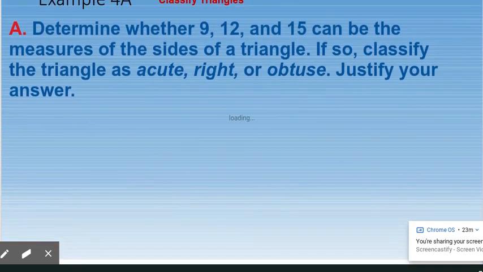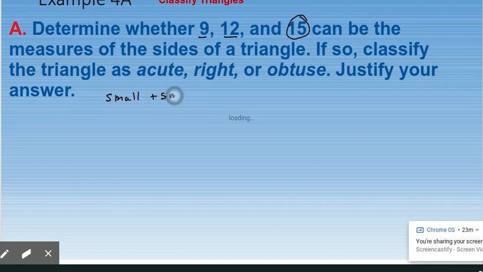So here's the first one. The first thing you always have to do is figure out if it is even a possible triangle. The way we do that is you make sure your smaller 2 sides are bigger than the largest one. So I'm first going to check to make sure it's a triangle.